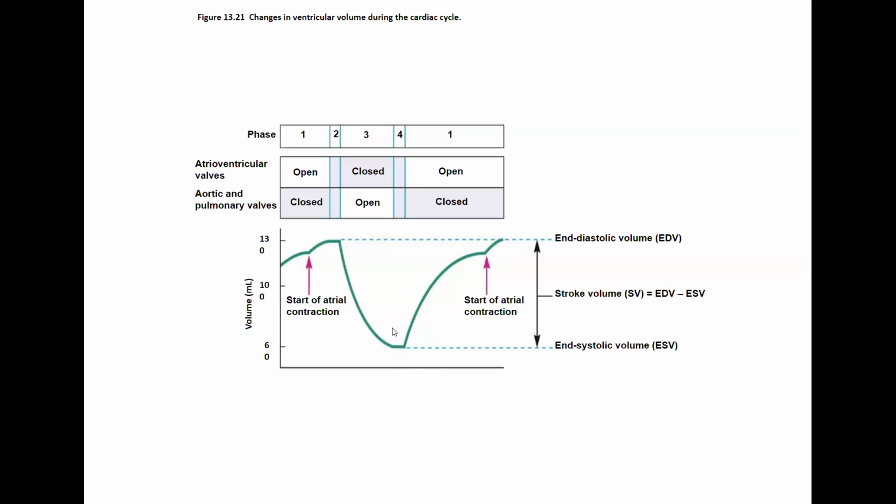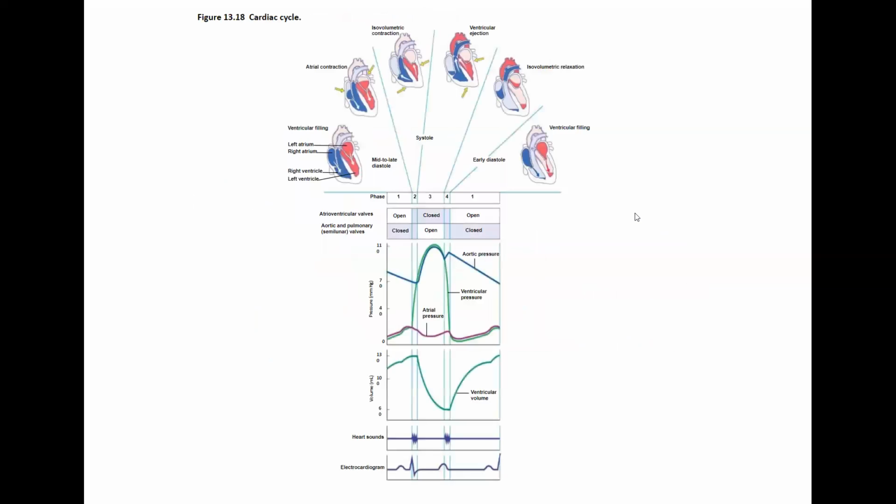Okay. And then we would start refilling the heart. So we see it go up until we start the cycle over again, right? We can see that this filling is happening during phase 1. So we can tie this all together, right?